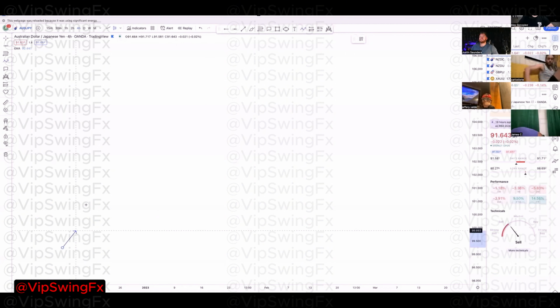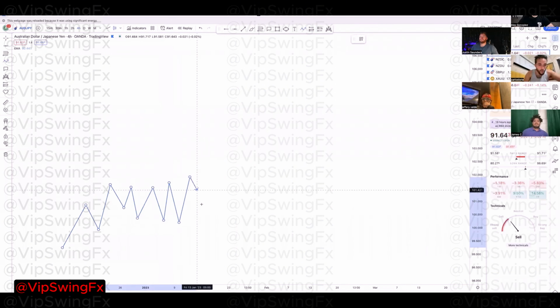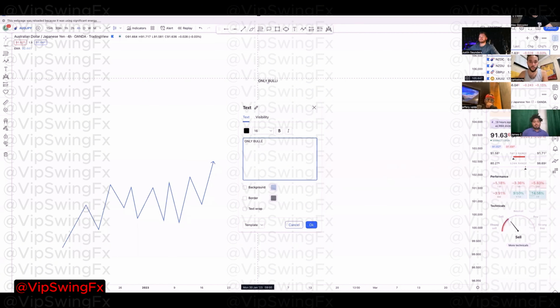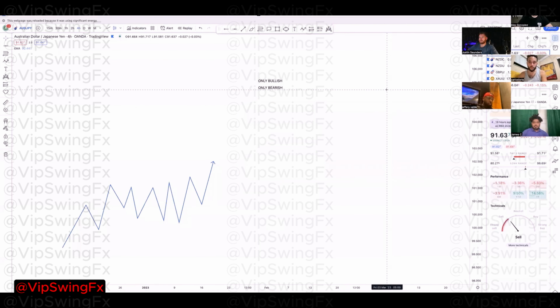So is this time frame right now bullish or bearish, or is it consolidation? Okay. So there's no consolidation. That's kind of a trick question. There are only bullish markets and only bearish markets when identifying market structure. Of course, there are consolidation zones, without a doubt. That is 100% fact.